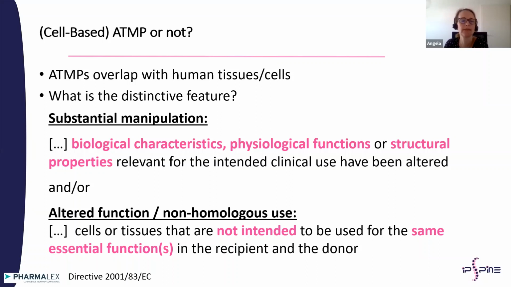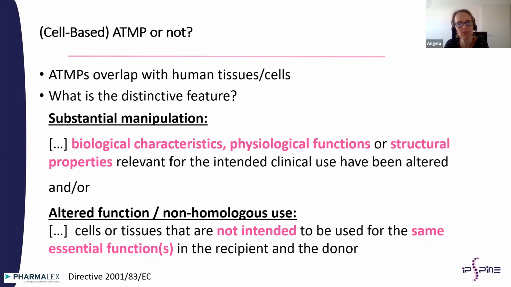So what is substantial manipulation? By definition, this is a manipulation where the biological characteristics, physiological function, or structural properties that are relevant for the intended use have been altered. And we'll get to examples in just a minute.